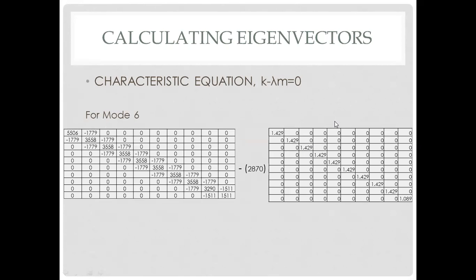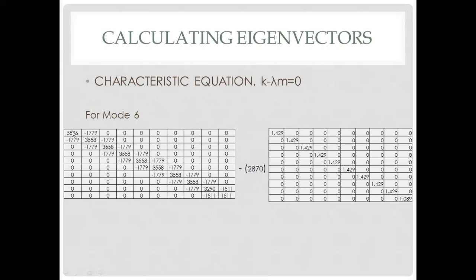So first, we need to solve for the characteristic equation, which is k minus the eigenvalue times the mass equals 0. For mode 6, we will use the eigenvalue of mode 6.